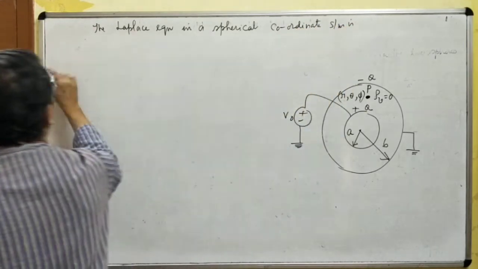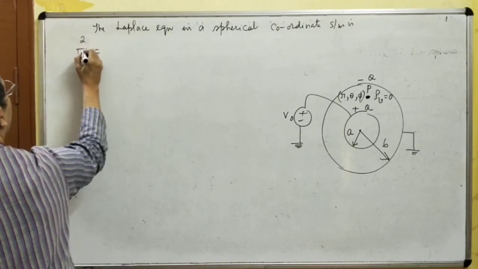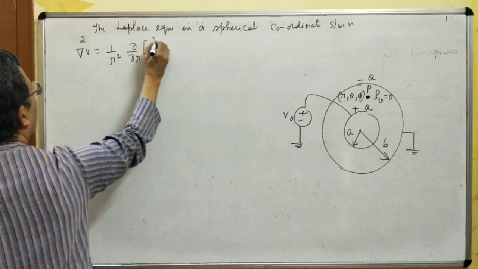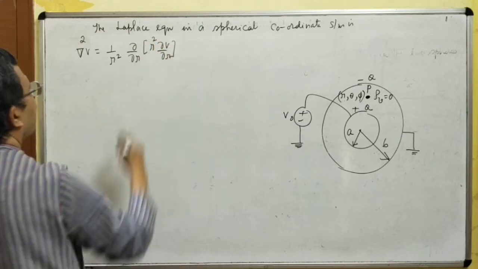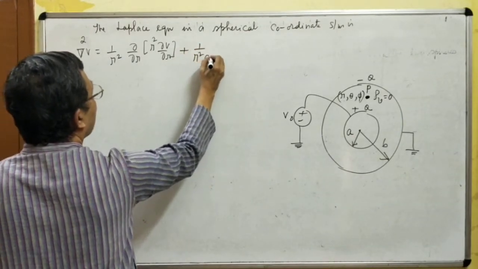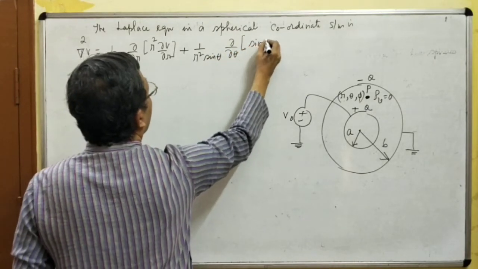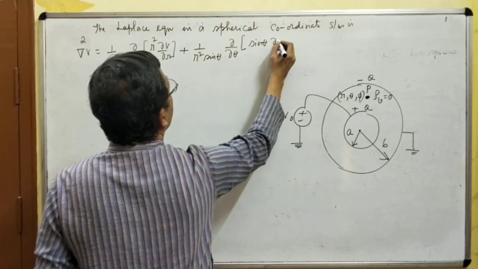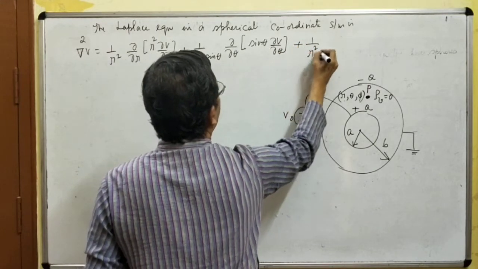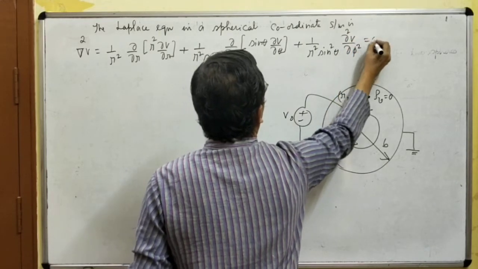is, please watch, del square V is equal to 1 by R square, dou by dou R, operating on R square into dou V by dou R. This gives variation in R direction, plus 1 by R square sin theta, dou by dou theta operating on sin theta into dou V by dou theta, plus 1 by R square sin square theta into dou square V by dou phi square equal to 0.